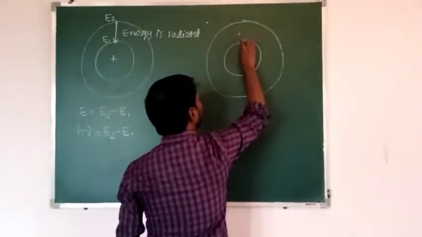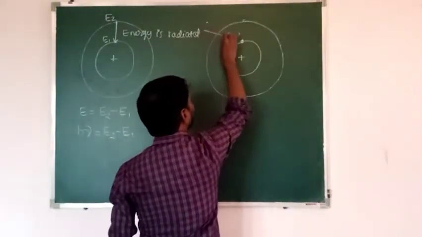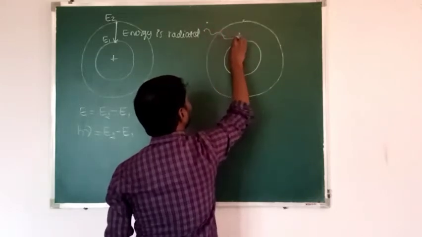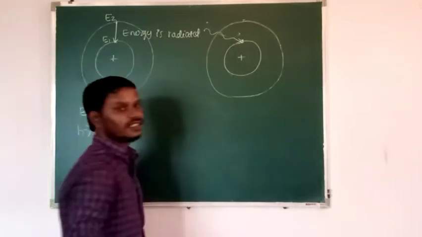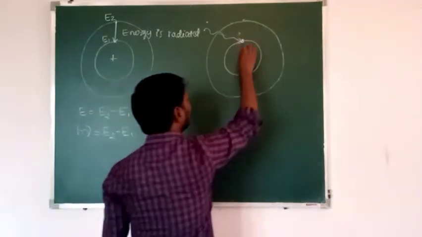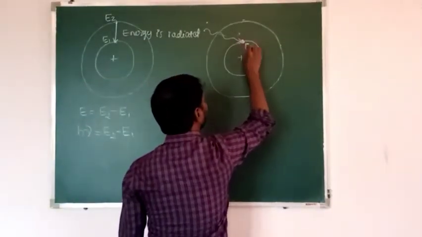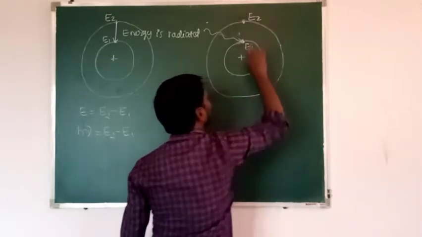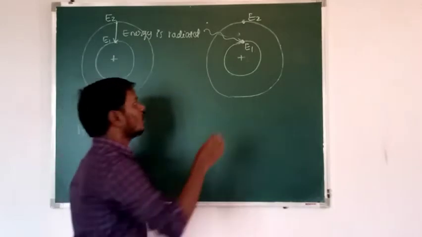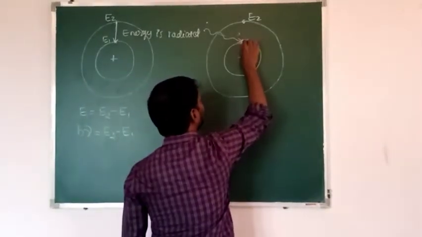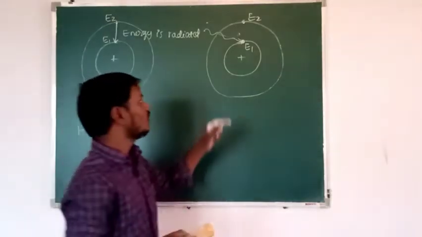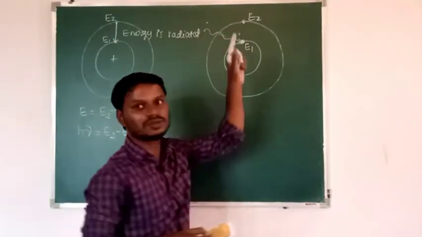When energy is given to this electron in the form of electromagnetic radiation, this electron jumps from the first orbit to the second orbit. And the energy absorbed by the electron present in the first orbit is equal to the difference in energies of these two orbits.